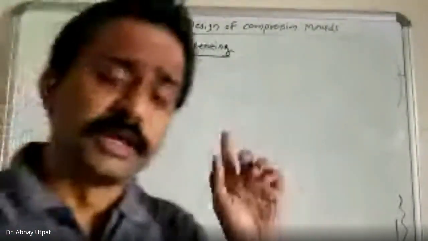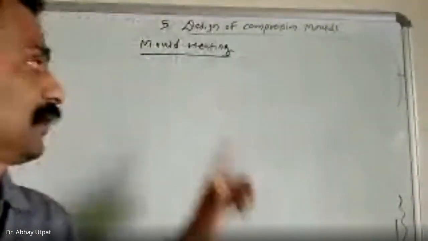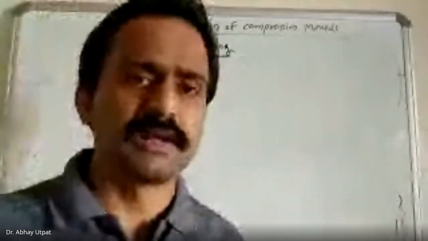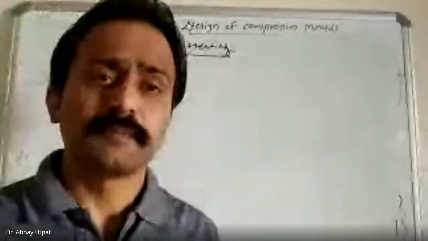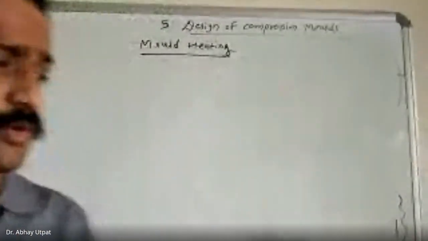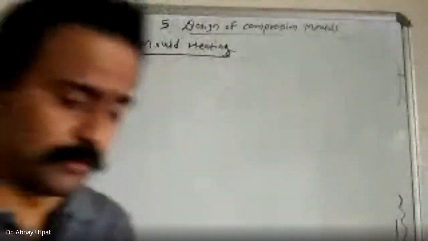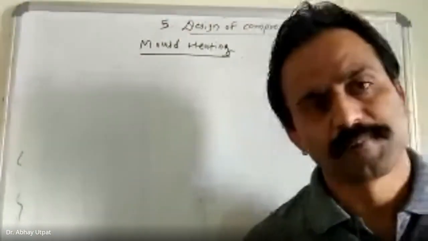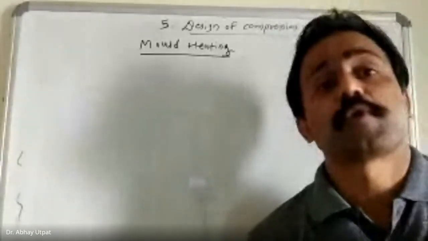So here, heating of mold is important. How are molds heated? Your ready-made setup is already there, and what is the medium used for heating? Usually molds are heated with the help of steam or oil. How to heat by steam or oil?